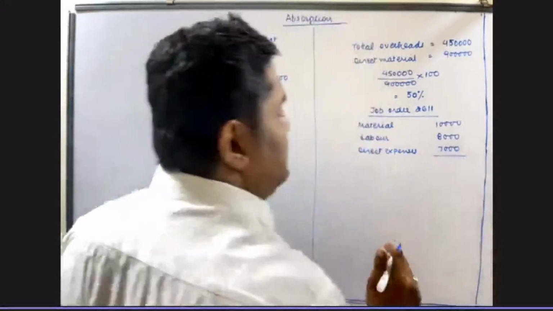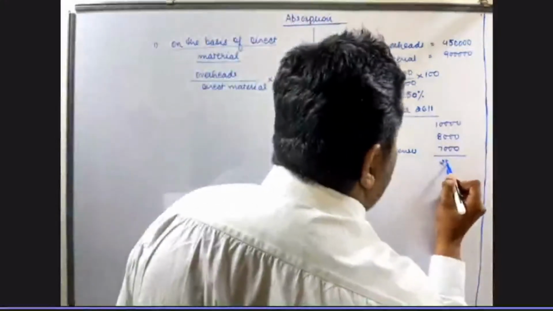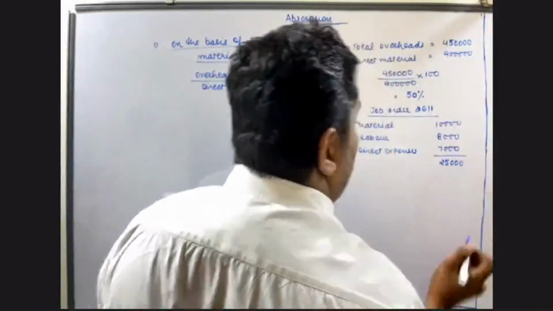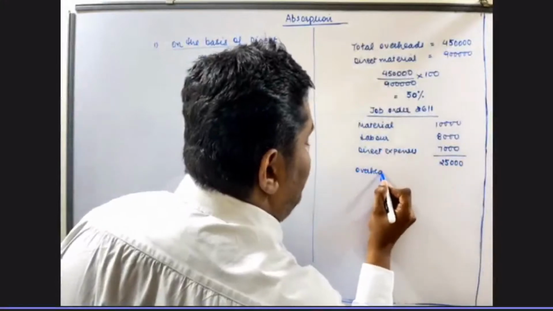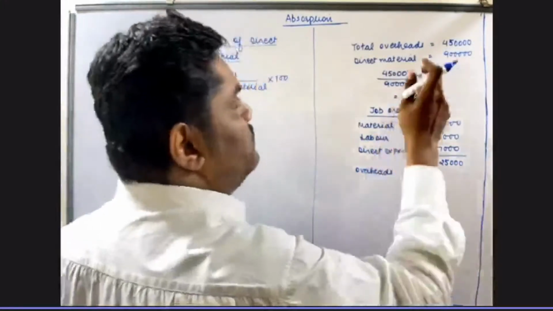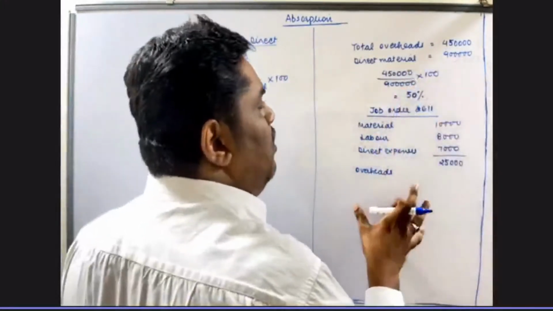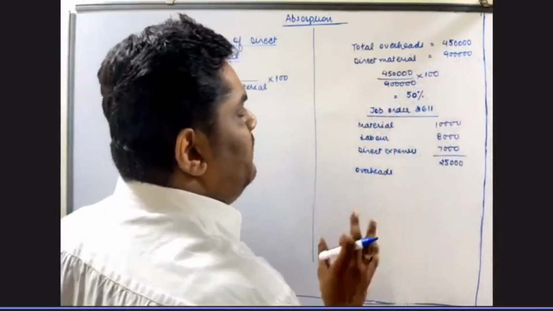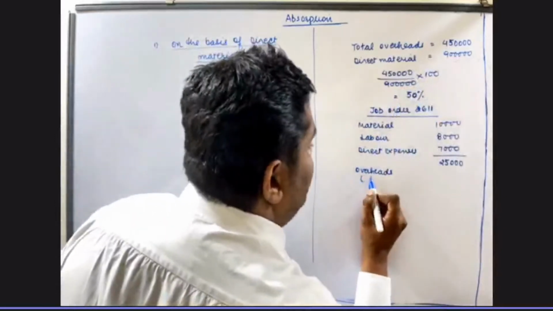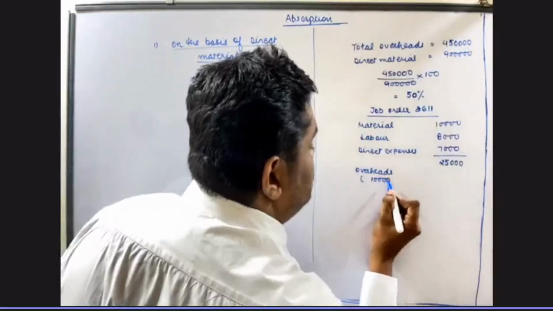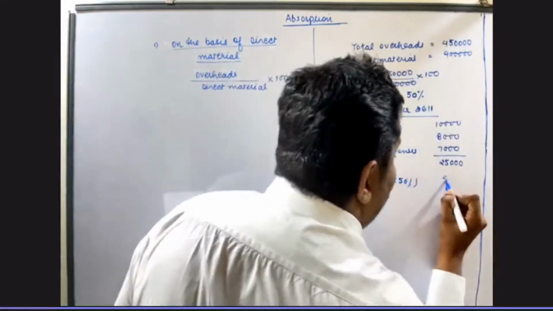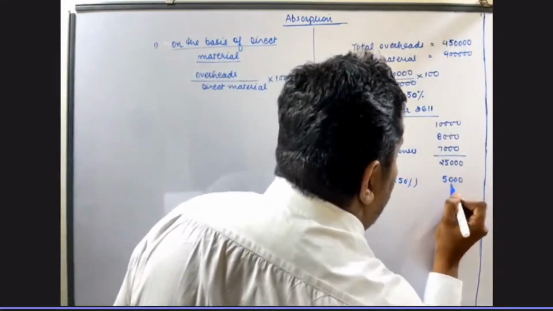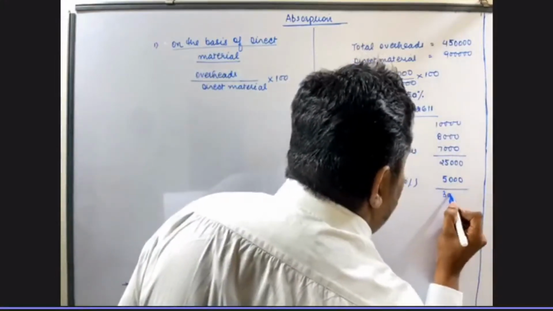So therefore, my prime cost will be how much? 25,000. Now, when talking about overheads, we have already calculated the absorption rate. That is, whatever the material cost is incurred, of that material cost, 50% will be treated as overheads. So my material cost is 10,000 for this job into 50%. So 5,000 will be my overheads and my total cost of this job will be 30,000.